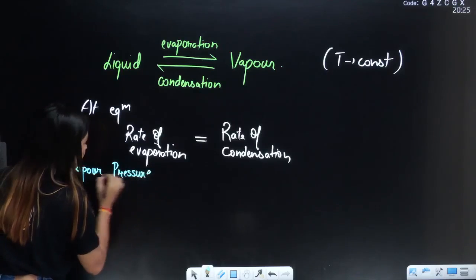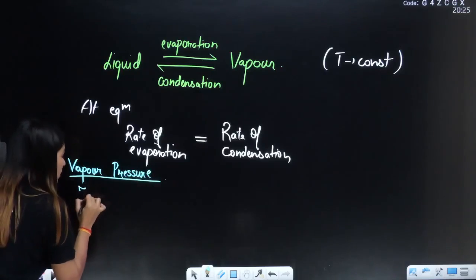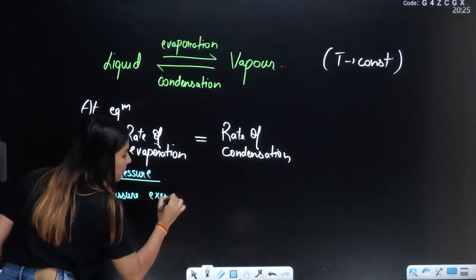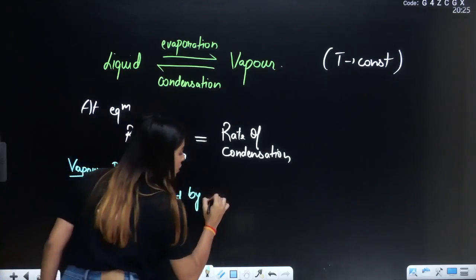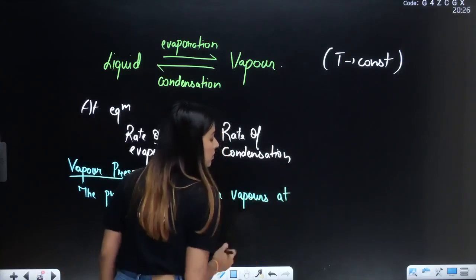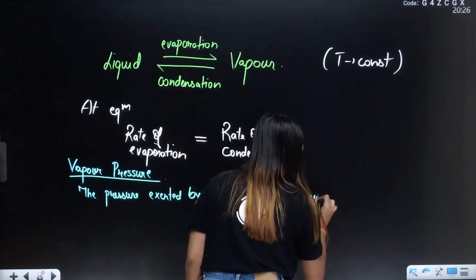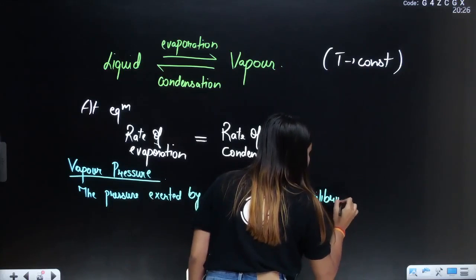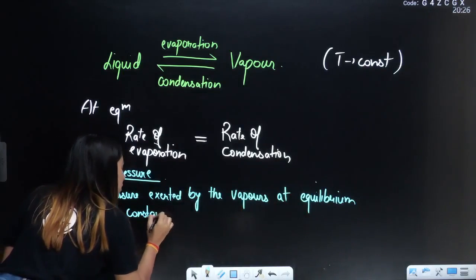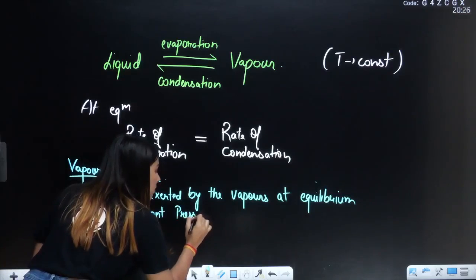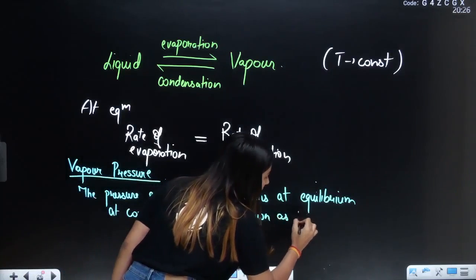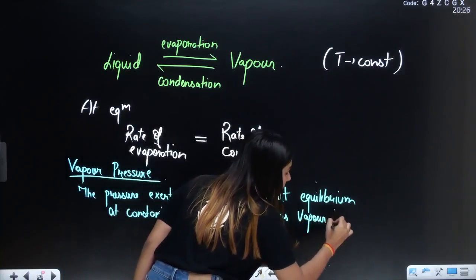The definition of vapor pressure is the pressure exerted by the vapors at equilibrium at constant temperature, which is known as vapor pressure.